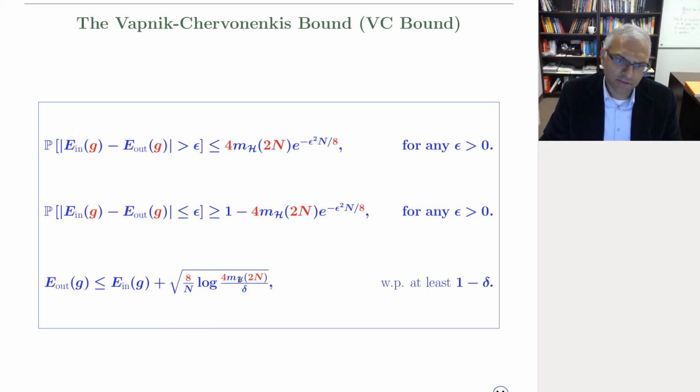Now, it's possible that m sub H of 2n is 2 to the n for all n, in which case that's a bad hypothesis set, and this error bar does not drop to 0. You cannot learn from this hypothesis set because you cannot implement the first step of learning, which is that E in is close to E out.